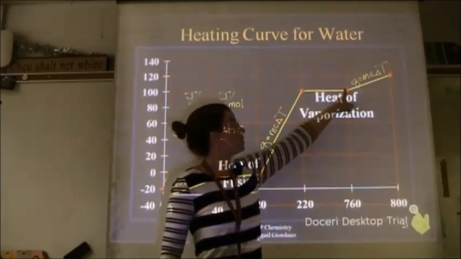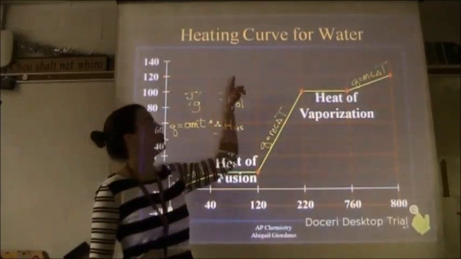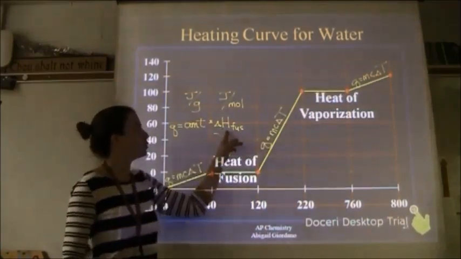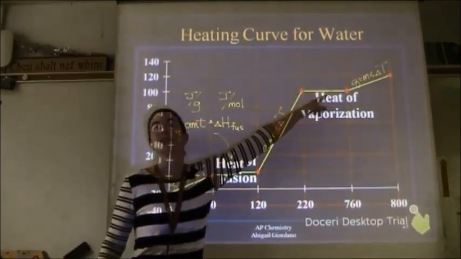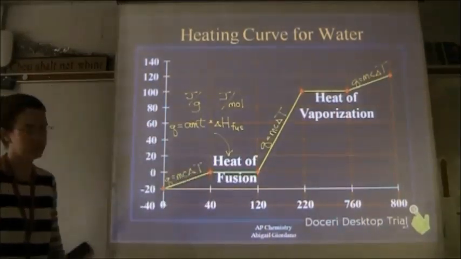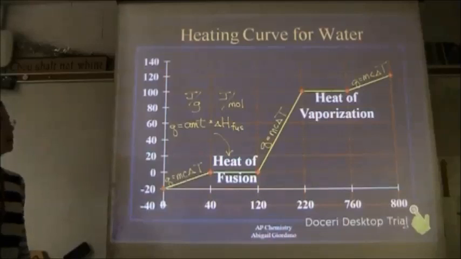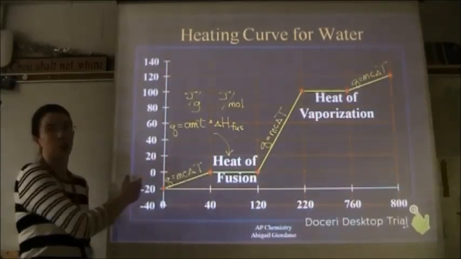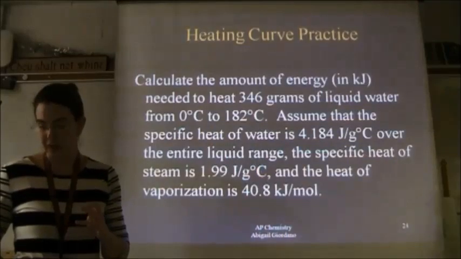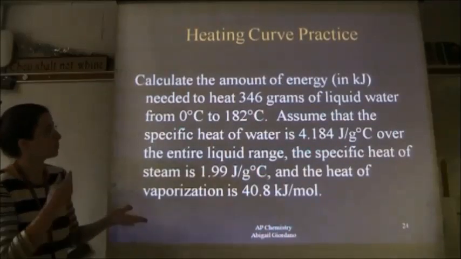No. So I have to do the same thing. What would be the only difference up here? Instead of heat of fusion, it would be the heat of vaporization, which again would be given to you. Okay. So I'm going to walk you through an example of one of these heat curve questions.